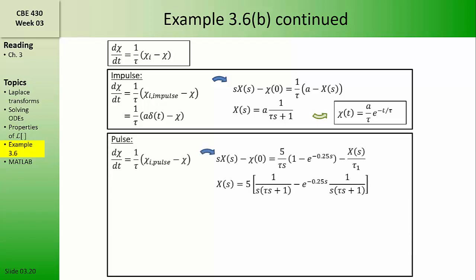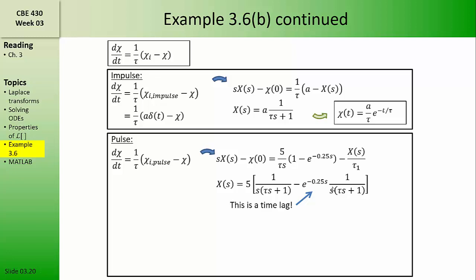Now for the rectangular pulse input, which is the physically realizable one, we do the same thing, replacing the input perturbation with our rectangular pulse input, which has the Laplace transform shown here. Again, we can solve the algebraic equation for capital Chi of s and invert this back to the time domain. Note here that we have an exponential in s in the Laplace domain, which means that this term is going to represent a time delay in the time domain.